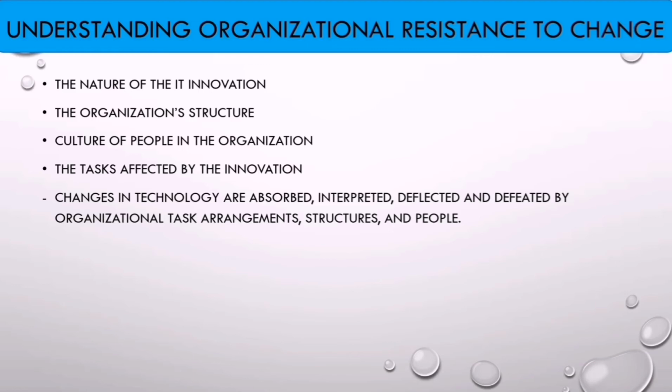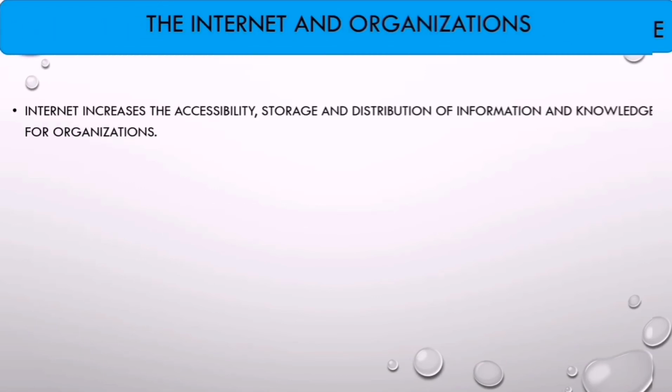Third, the culture of people in the organization and the tasks affected by the innovation. Changes in technology are absorbed, interpreted, deflected and defeated by organizational task arrangements, structures and people. The only way to bring about change is to change the technology, task, structure and people simultaneously.